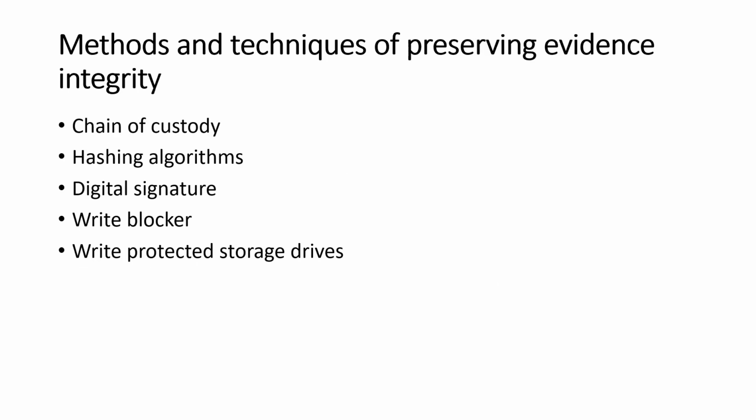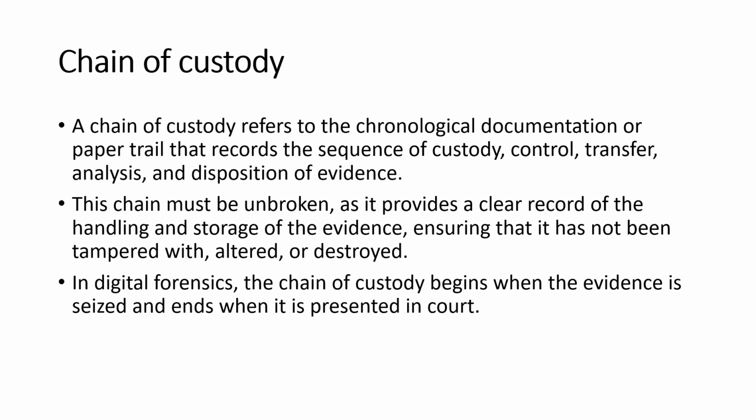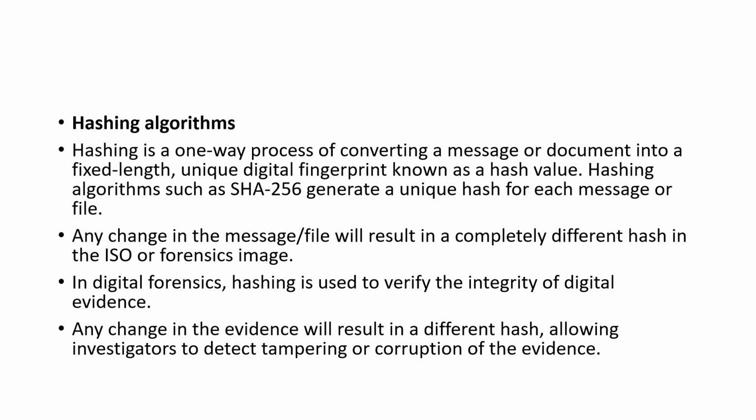Okay, methods and techniques of preserving evidence integrity, as we said earlier, chain of custody has to be maintained, hashing algorithms to ensure integrity, digital signatures for integrity and authenticity, write blocking to prevent any changes, and write protection of storage devices. So these are things which have to be done. Chain of custody should not be broken. Hashing algorithms have to be there.